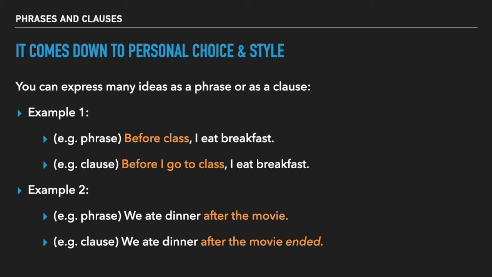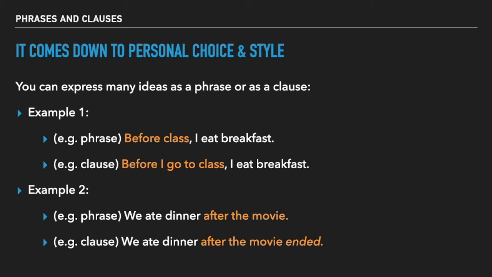In example 2, again, I'm trying to express the same idea as a phrase and a clause. This time I put them at the end of the sentence to show that they can be either at the beginning or at the end. When a phrase or clause comes at the end of a sentence, no comma is needed. So, "We ate dinner after the movie."